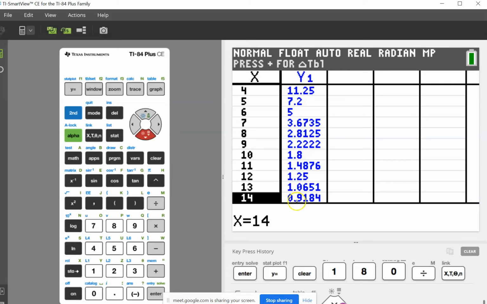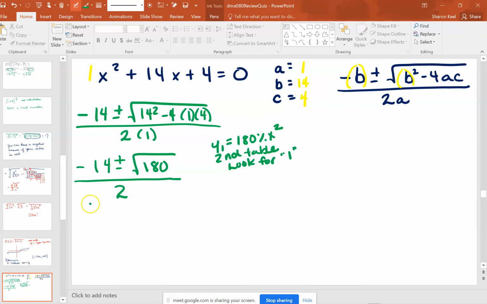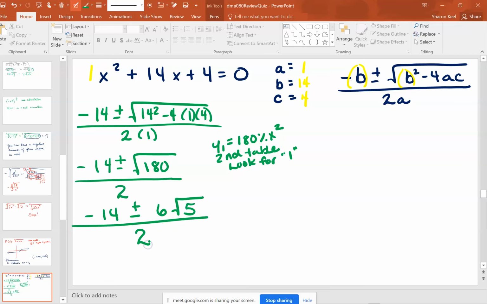If there's not a 1, let your eye start coming up, and the first pair of whole numbers would be 6 and 5. The left comes out from under the radical, the 5 stays under the radical. So this would be 6 square root 5, and then everything is over 2.